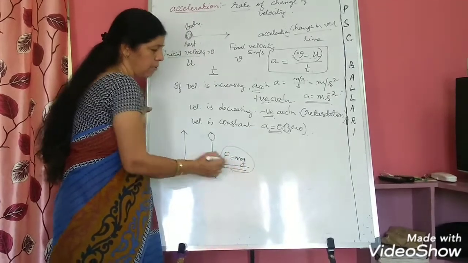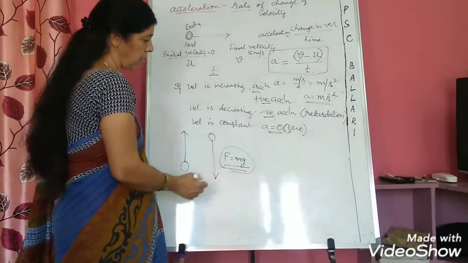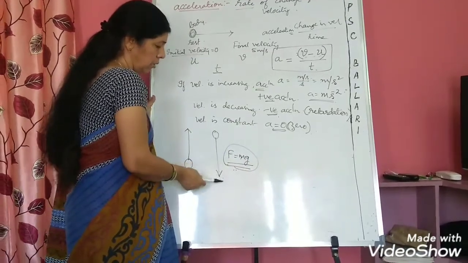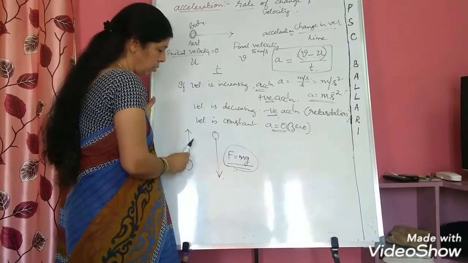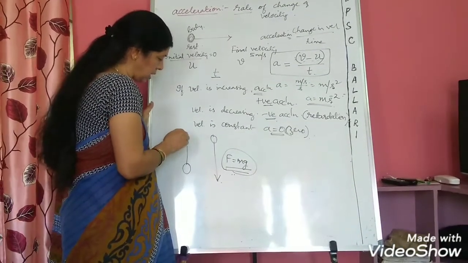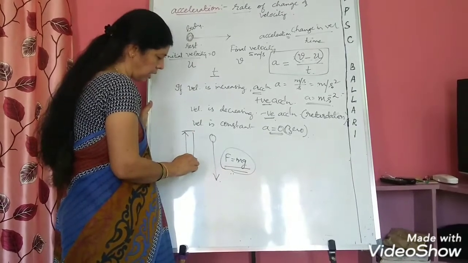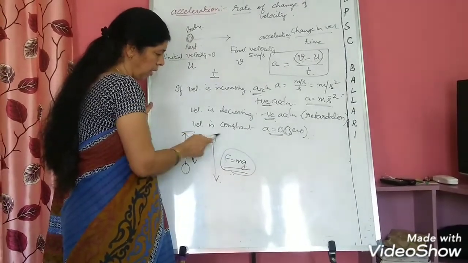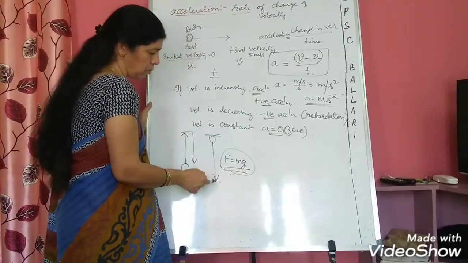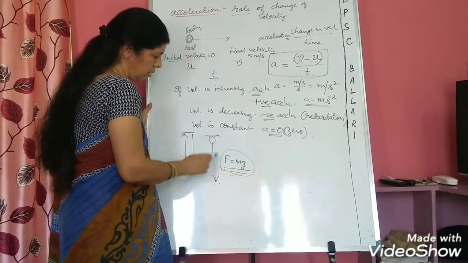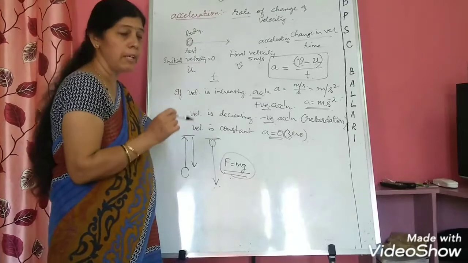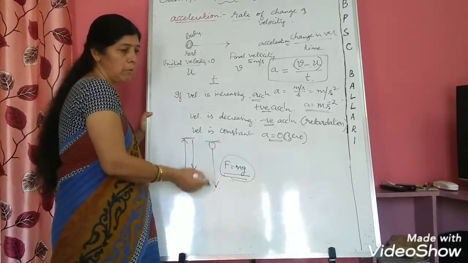The force of gravity is given by F is equal to mg formula, where m is the mass of the body, g is gravity. Now the earth will be exerting the force of gravity on all the bodies. Whether you throw a body upwards, then also it reaches a certain height and again it comes back to the ground only. If you drop an object from a certain height, then it will reach the ground. In both the cases, the body is traveling under the influence of gravity. So it will be vertical motion.